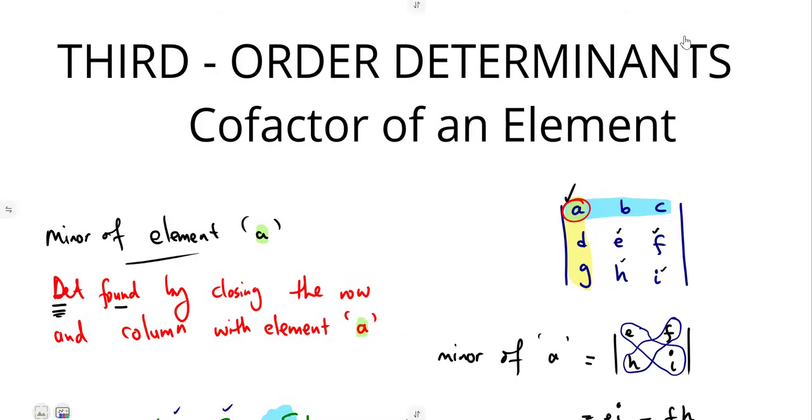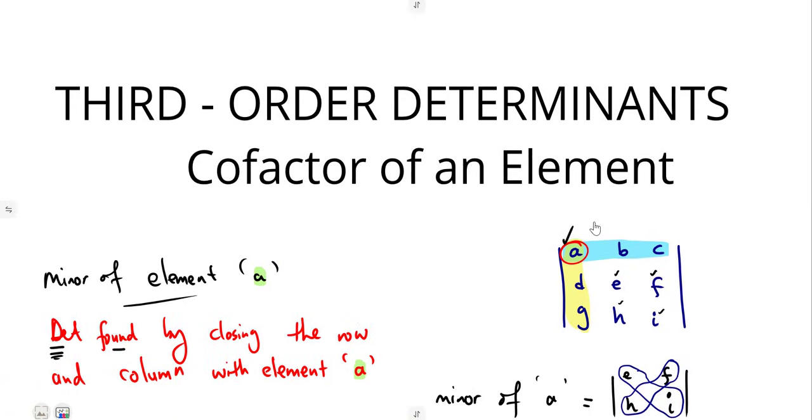As we continue, we are still working on our third order determinants, but this time focusing on the cofactor of an element. I am going to use the previous notes so that we can understand exactly what a cofactor is, because a cofactor is found after a minor.